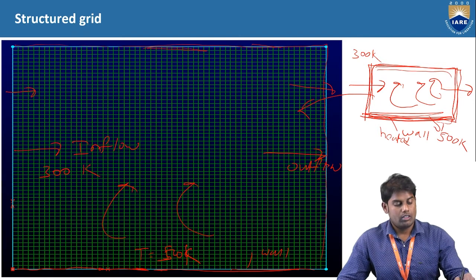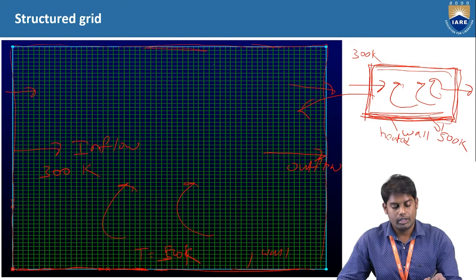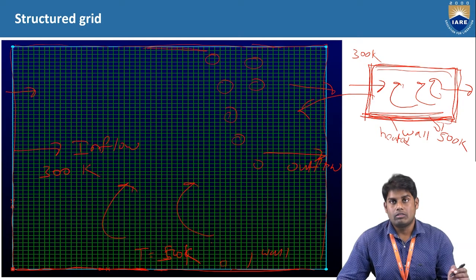The mesh or the grid is an entity which will divide this domain into subdomains. Here you can see these are subdomains. You have so many subdomains. Let's say these are of rectangular shape. Let's say you have n number of subdomains.